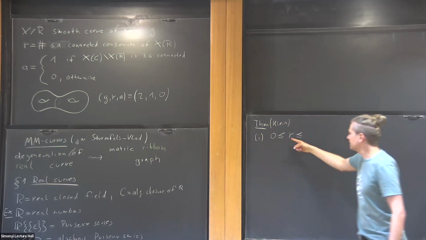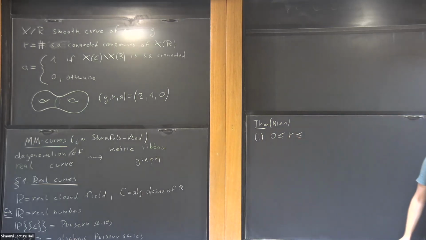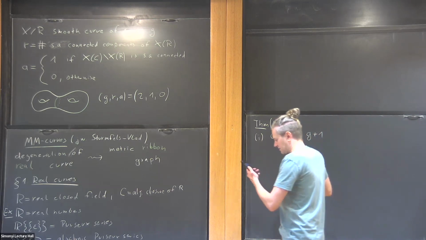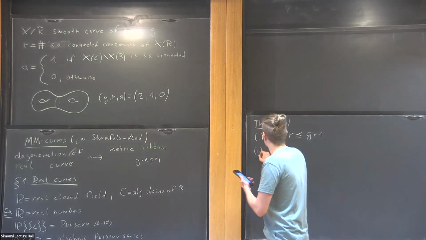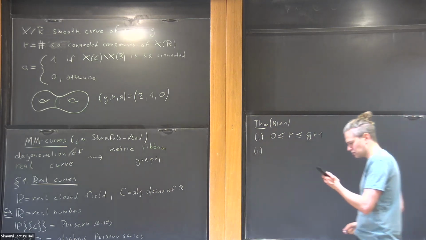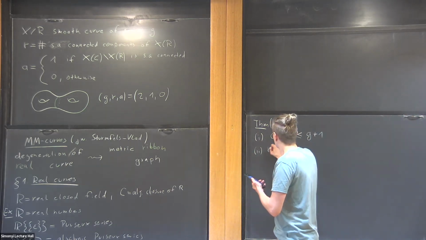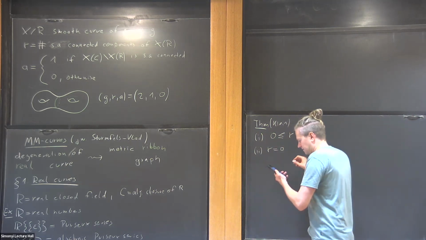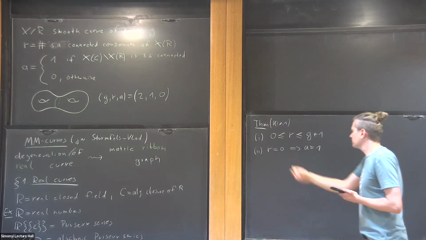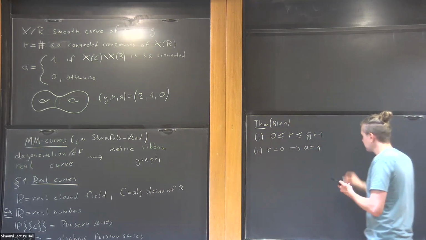So maybe, does anybody know an upper bound on the R? G+1, exactly. This is sometimes called Harnack's theorem, although it was proven by Harnack only for plane curves. Of course, if you have no real points, then this thing will be connected.